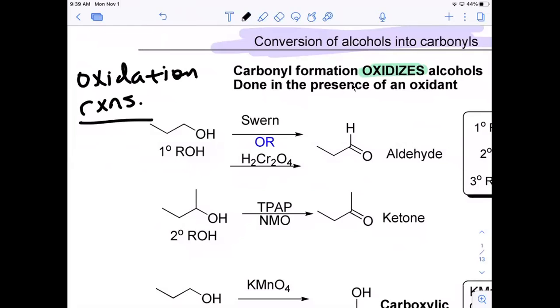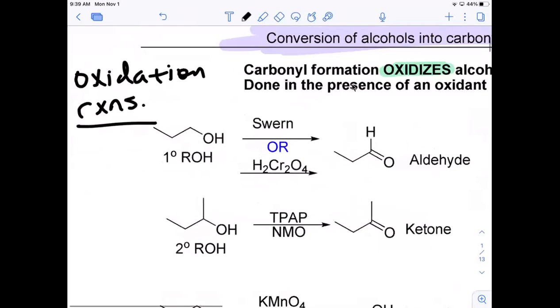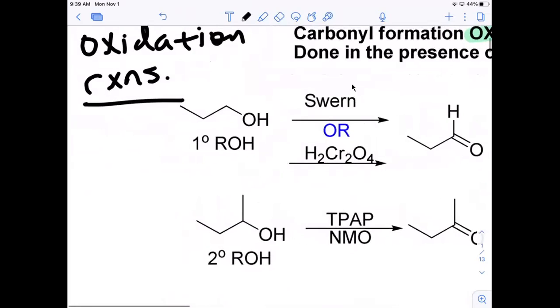Right. So if you remember from GChem, when you learned about oxidation and reduction, it dealt with electrons, right? The loss of electrons is oxidation, the gain of electrons is reduction. But in organic, when you talk about something being oxidized, it's one of two things happening, or both.